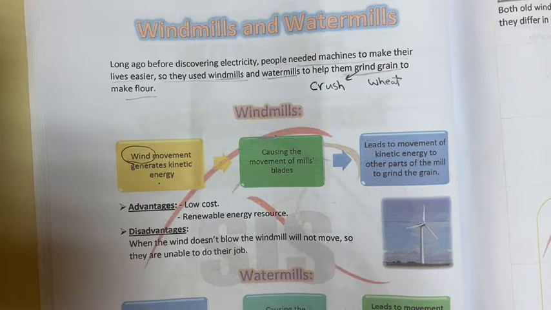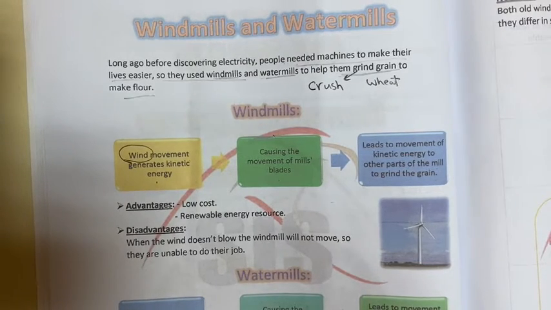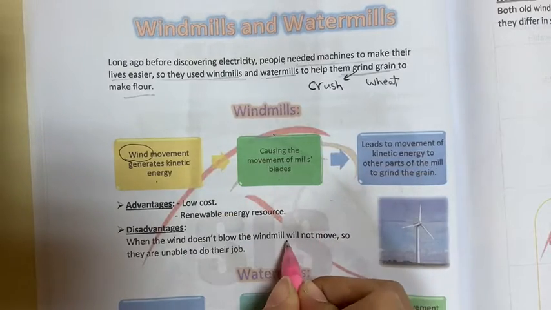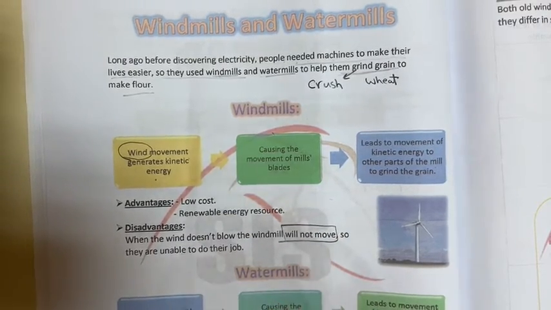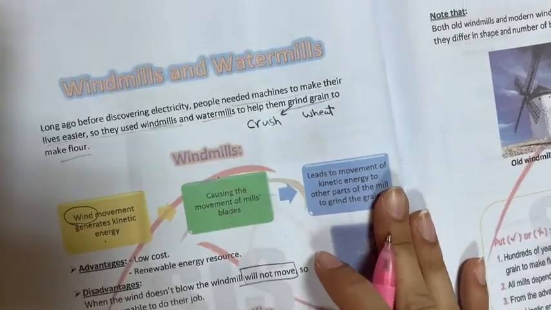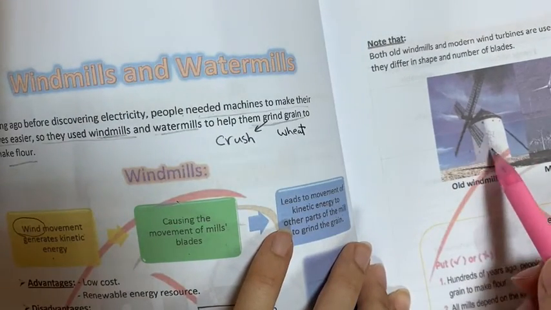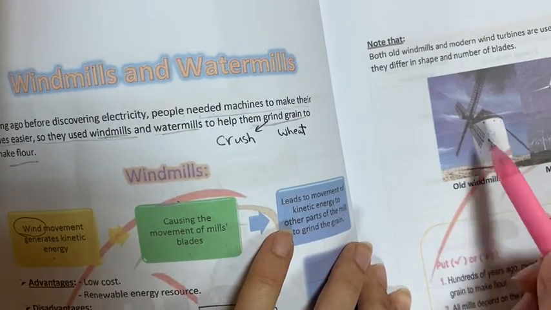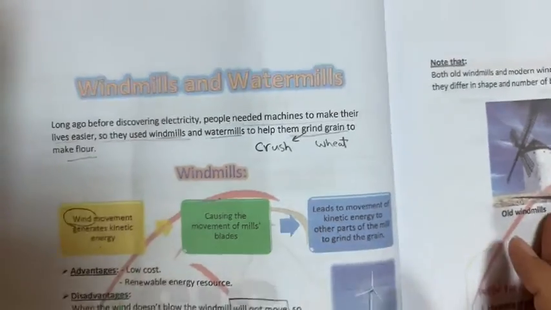Does it blow wind all the time? No. So when the wind doesn't blow, the windmills will not move, so they are unable to do their job. So that's a bad thing about the windmills. Okay, by the way, that's the old windmills that they used in grinding grains and making flour.